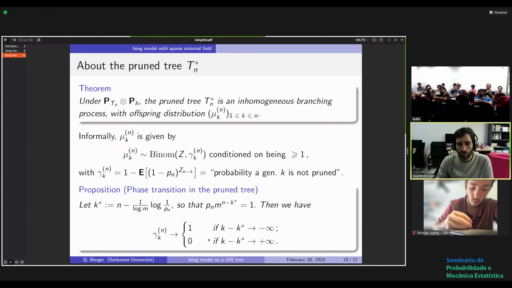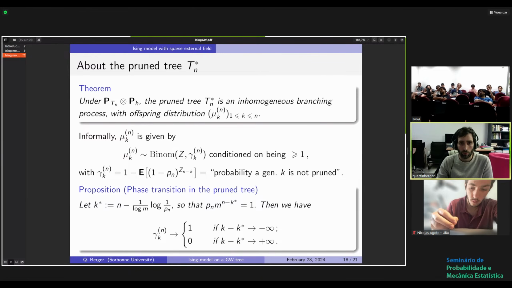What you have is that if k is much smaller than k star, meaning k star minus something very big, then this probability is close to 1. When this probability is close to 1, it means that your offspring distribution is close to the original offspring distribution.